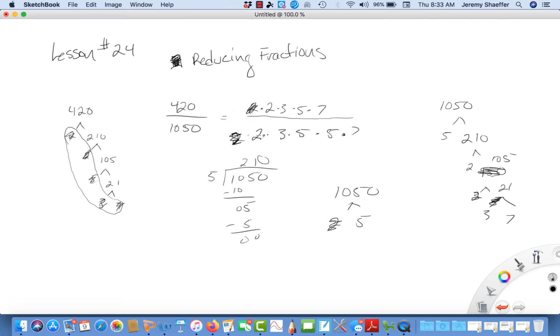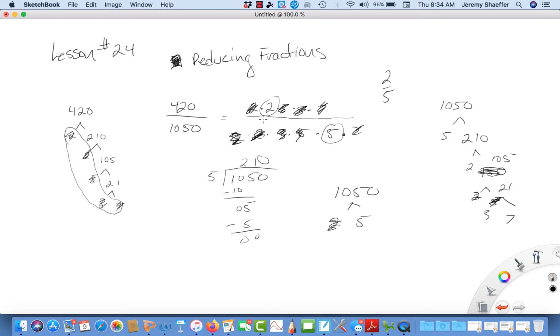We can start canceling out these 2's. We can cancel out these 3's. We can cancel out these 5's and these 7's. And what's left over is literally our fraction. So 2 over 5 is literally what we're left with. Okay? All right, well, that's good.